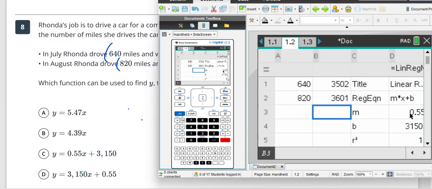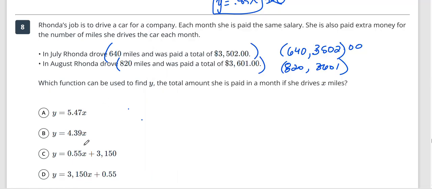There it is. Your slope would be per each every, the number by the x, and then the b would be 3150. Oh, there it is. Super easy. Okay. M. This is your b.